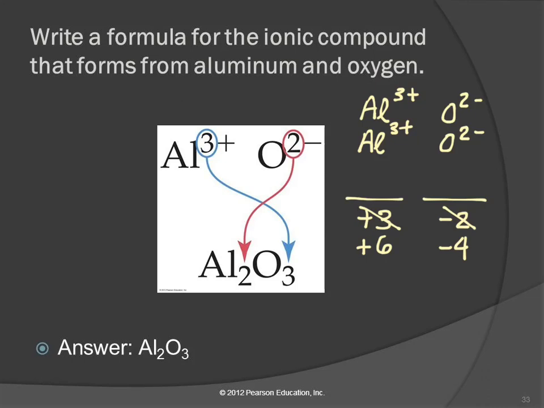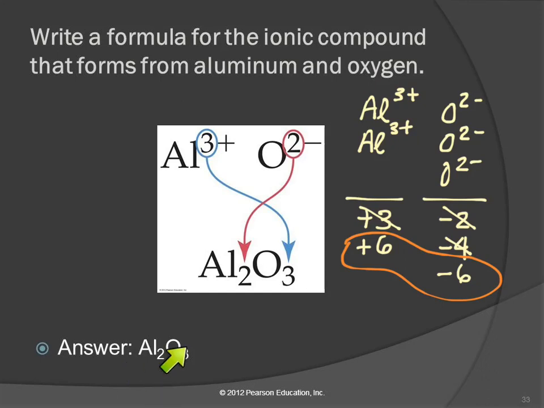Now I've got too many positives. That doesn't add up to 0 either. Now I'm short on the negatives. So I'll put another oxygen in there. 3 oxygens, each -2 charge, gives us a -6. And finally, these add up to 0. So +6, -6. There are 2 aluminum ions for every 3 oxide ions.